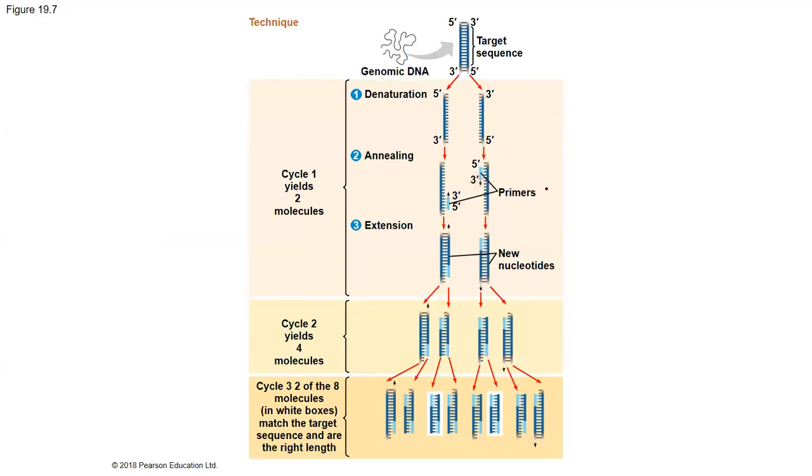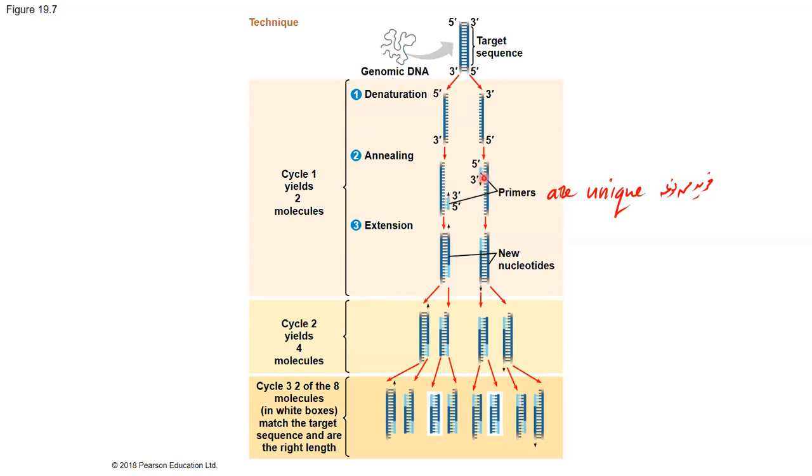These primers are unique. Unique means فريد من نوعه. These primers will only bind to your target sequence during the annealing temperature. They will not bind anywhere in the genome. They specifically will bind to your target sequence.